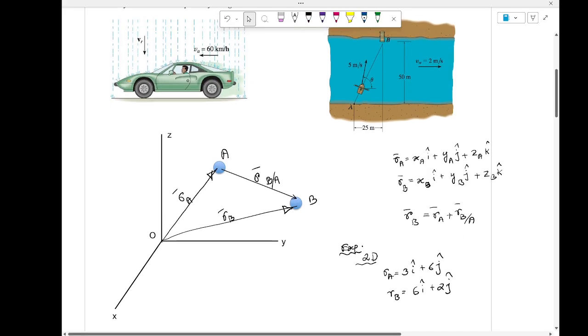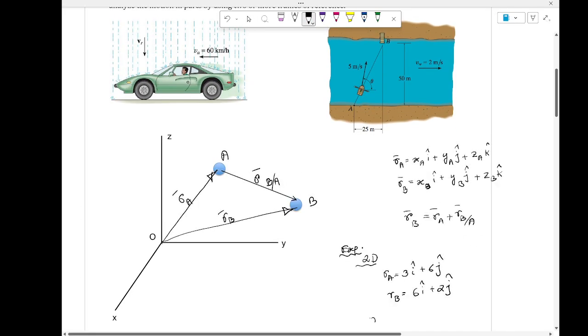Can you find the relative position of A with respect to B? Just the thing that I was explaining. Can you find that value? I'm leaving it to you. I'm giving you the answer though. It's 3i minus 4j.